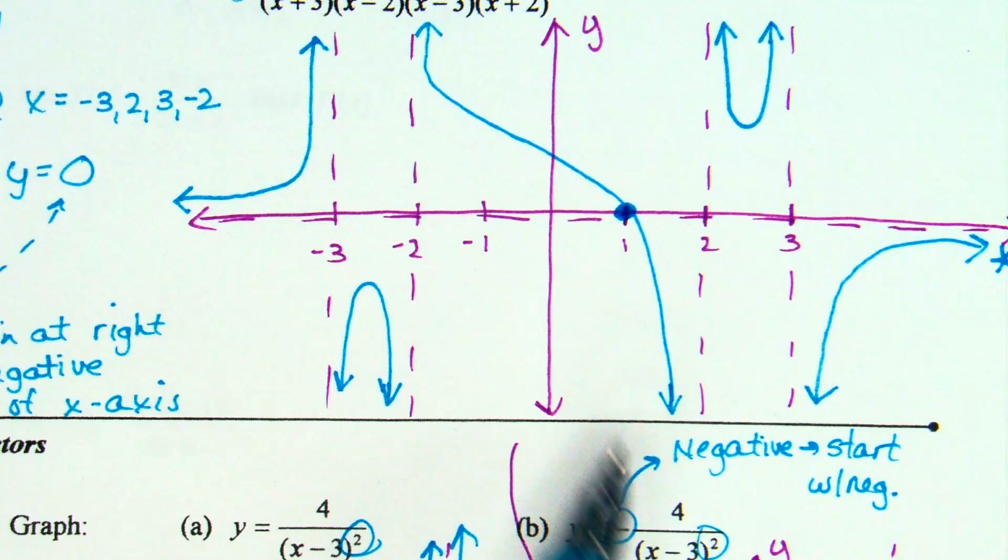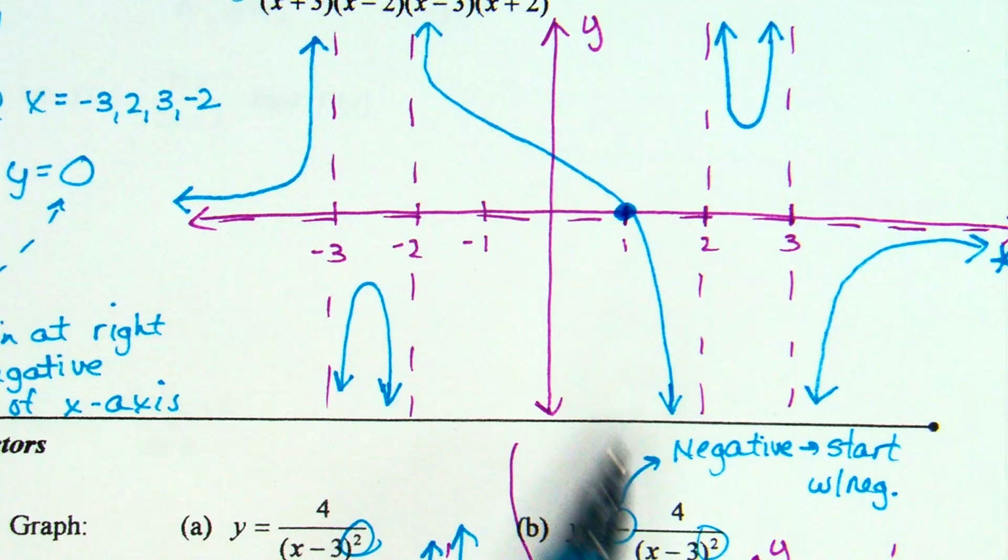Okay, now, what does this squared on this 0? It's going to do something different. It's going to touch. It's the opposite of a parabola, so be looking at it.